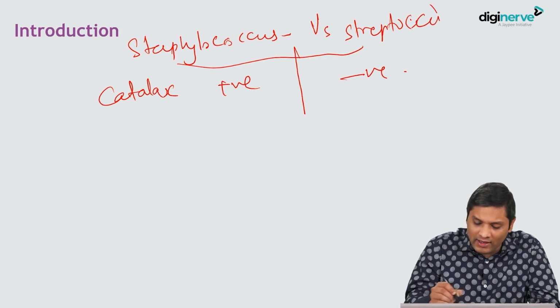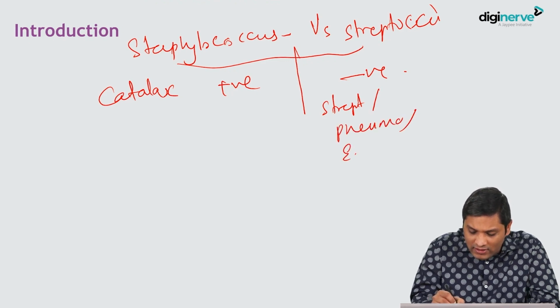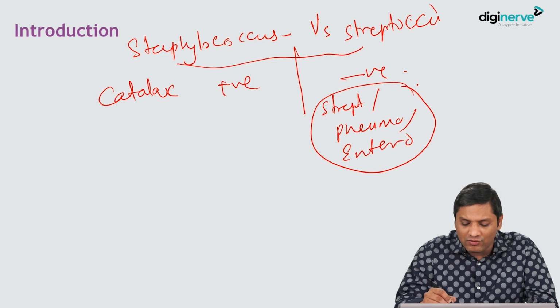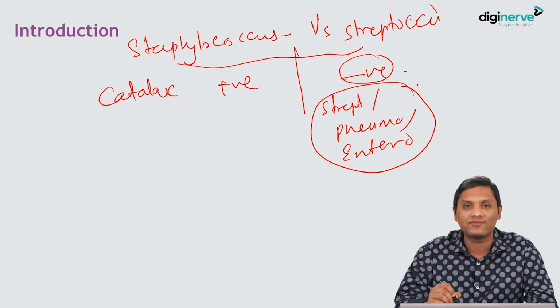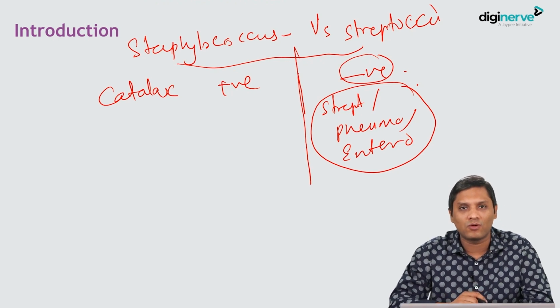Examples of Streptococci are Streptococcus, pneumococcus, and enterococcus. All these are types of Streptococci, and all are uniformly catalase negative. So the catalase test can differentiate Staphylococci from Streptococci.